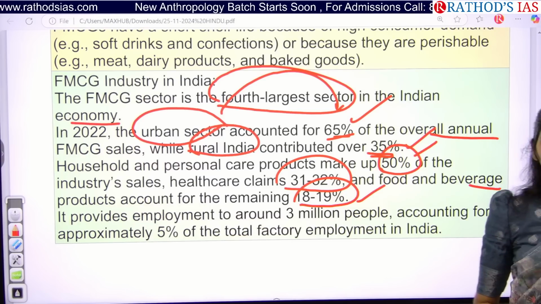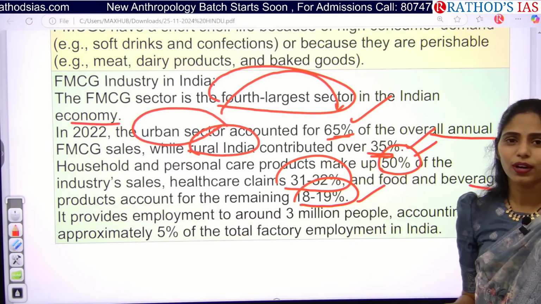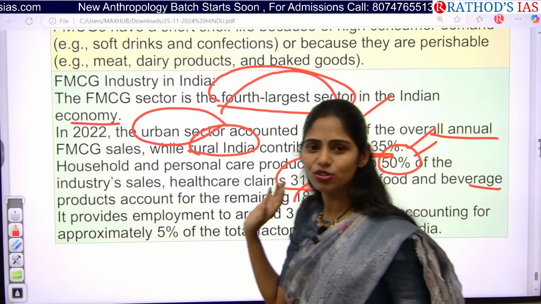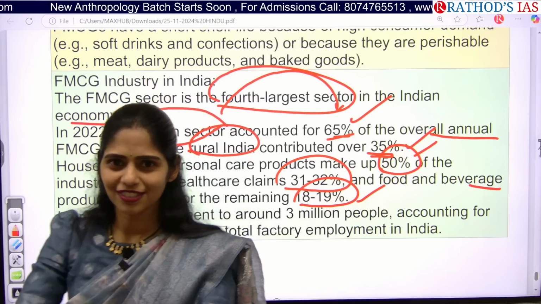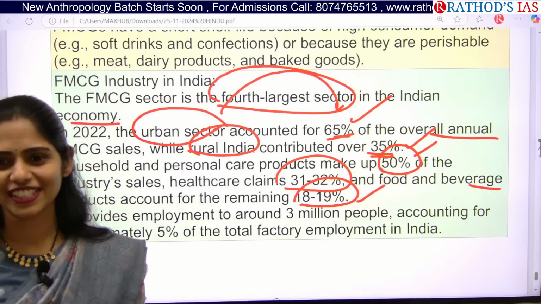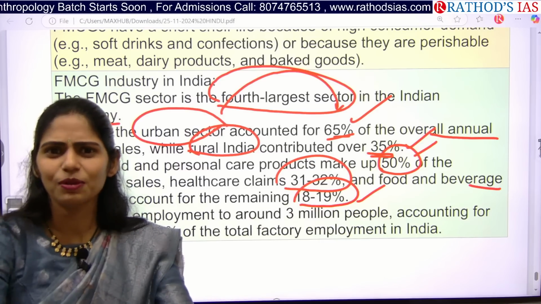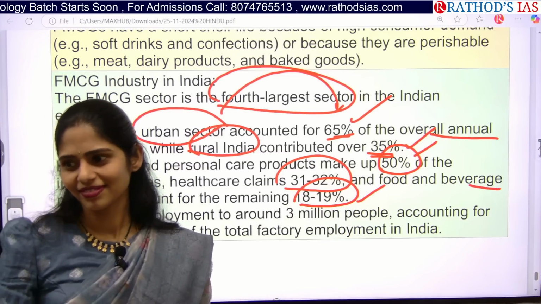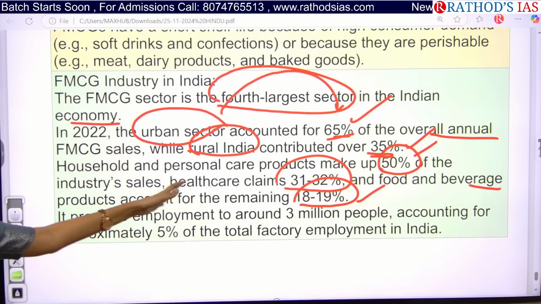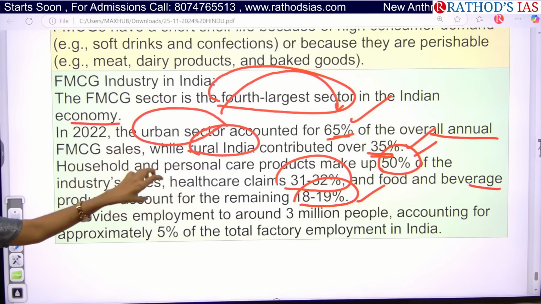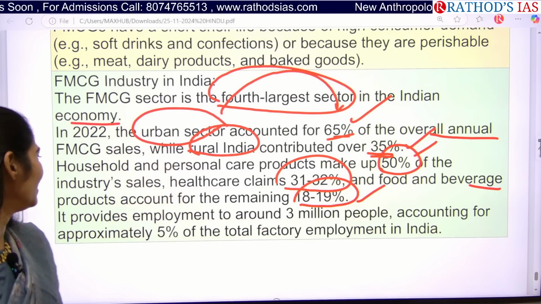If you go to rural areas, will they give importance to toiletries or household or personal care products? Especially in winter we use skincare products, but they will not be using them at all, they will just apply oil. So in that way, these are the products with more demand in urban areas.